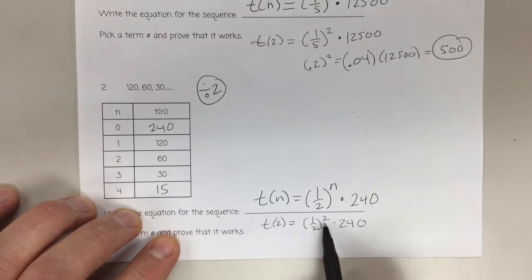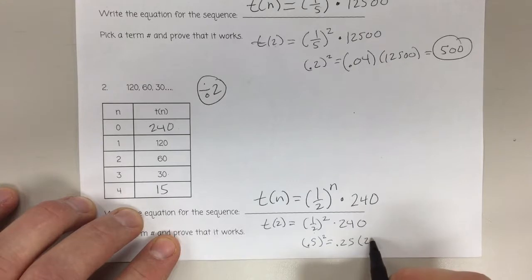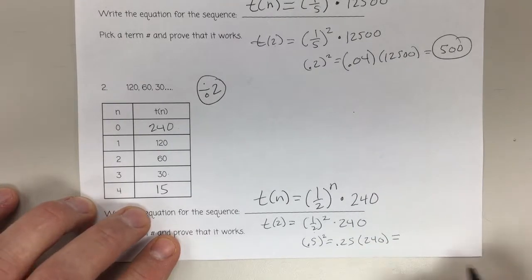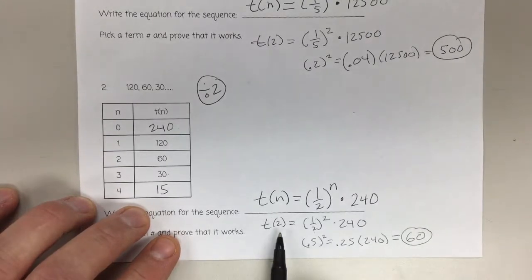So I would take 1/2 to the second times 240. 1/2 is 0.5, and 0.5 squared is 0.25. And I multiply that by 240, and I get 60. The second term of the sequence is 60.